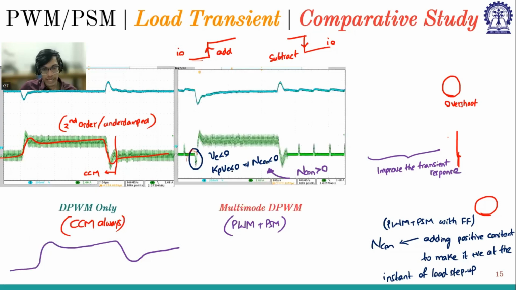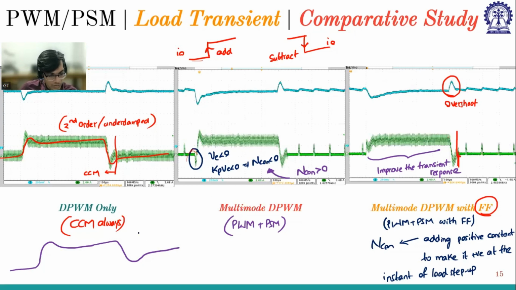Now what we are doing is, in this case also, until this point I am operating in CCM, and after this point I am operating in DCM. So until this point, the waveform will look exactly similar to what is happening in the first case. If I consider this is case 1, this is case 2, and this is case 3, until that point it will be exactly similar.